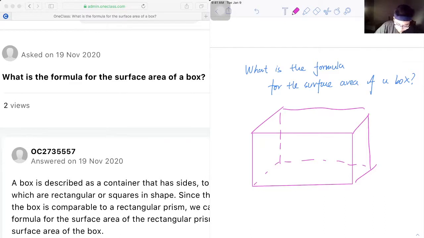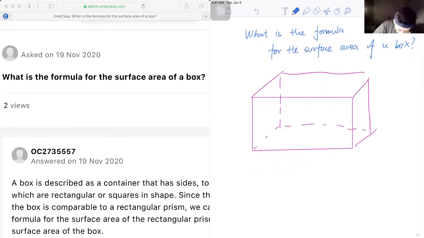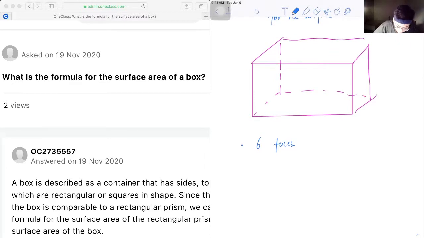Some characteristics of the surface area of a box is that first it has six faces, which includes two sides, top and bottom, and front and back. And they are either rectangular or squares in shape.